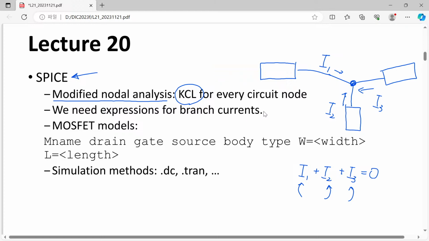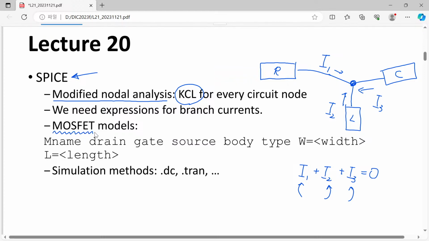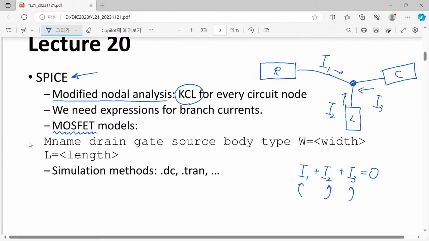If we have a resistor, inductor, or capacitor, that will determine the behavior of our branch current. RLC are quite simple circuits. However, we are more interested in the MOSFET. So how can we specify a MOSFET in the SPICE command file?